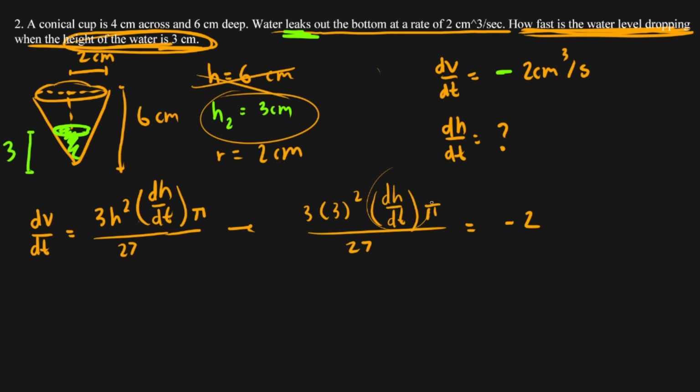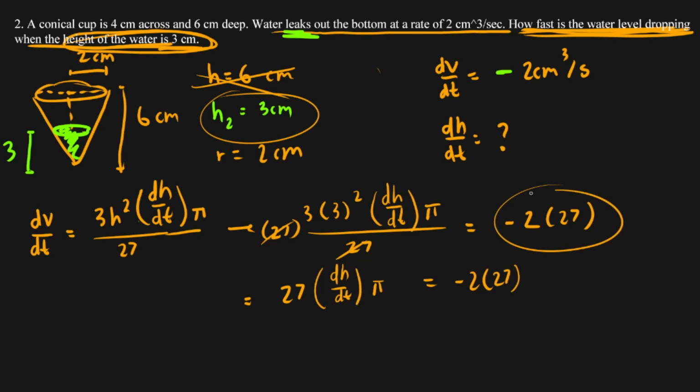We want to isolate dh/dt, so let's multiply both sides by 27 for starters. And then we can simplify this. 3 squared is 9, 3 times 9 is 27, so we have 27 dh/dt pi equals negative 2 over 27.